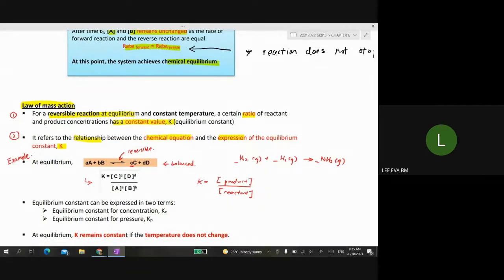If looking at A, B, C, D it's slightly difficult, but madam will show you one example using N2, H2 and NH3. Can you try to help me balance this equation first?